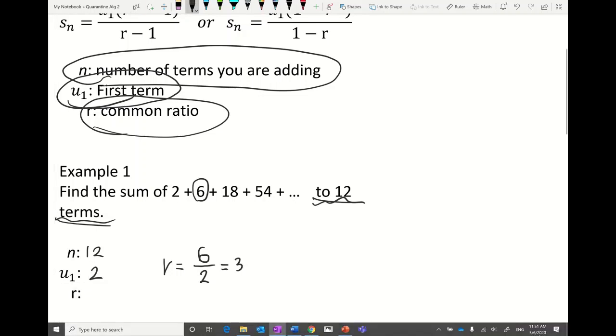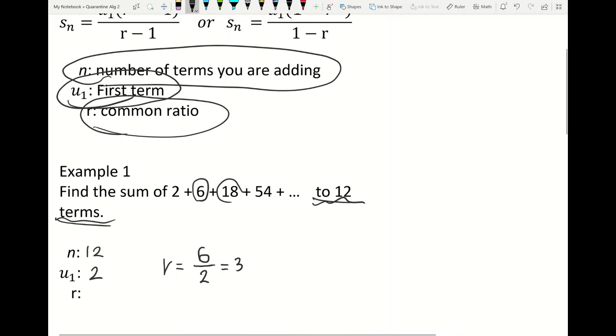Or you can even do, if you pick 18, then you do 18 divided by the previous number, which is 6, and you get 3 again. Okay? And you should get 3 all the way through. If you pick 54, divide by 18, you will get 3. So the common ratio is 3.